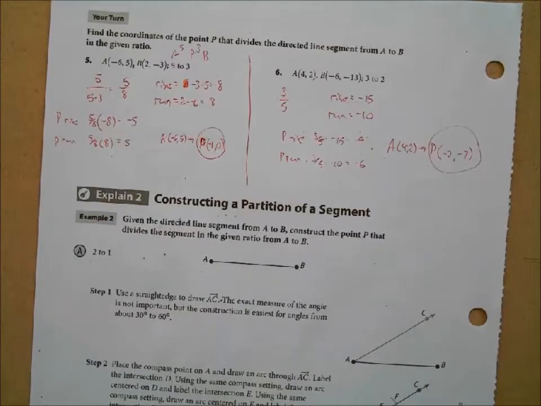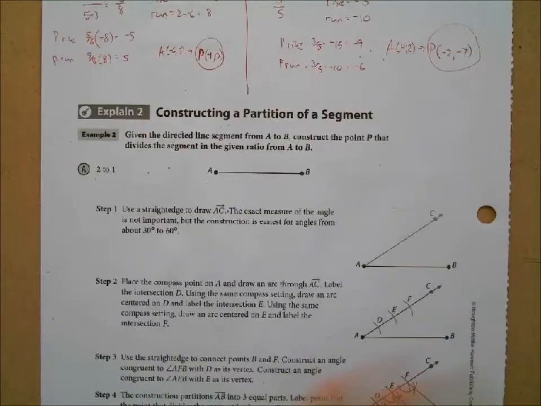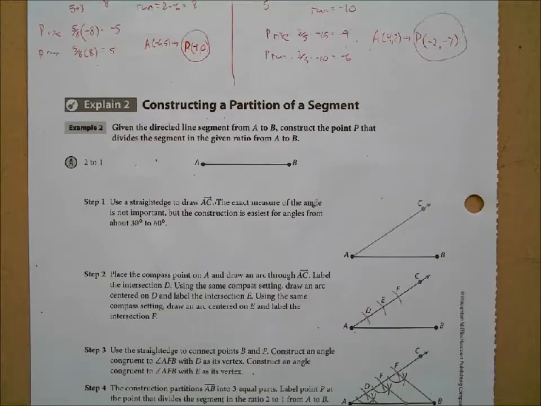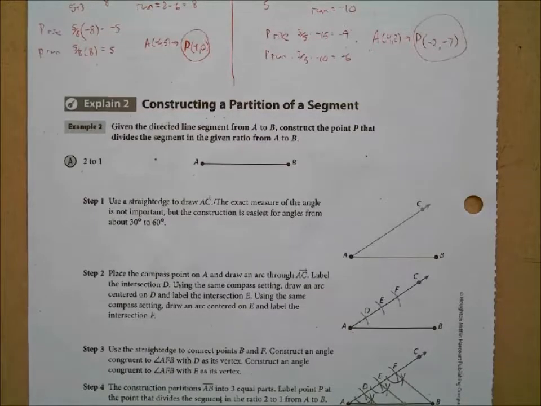Okay, so we've got here a directed line segment, AB. We want to construct the point P that divides the segment in the given ratio from A to B. Something we could do is use our compasses and work from there, but that is a lot of work.